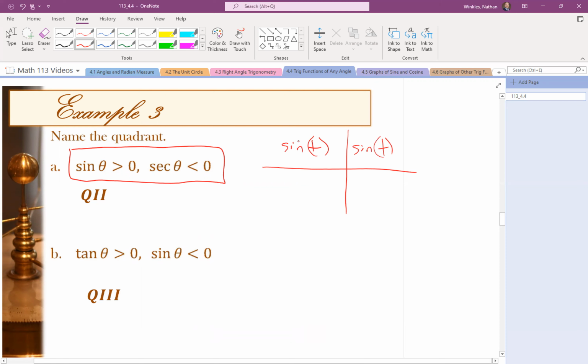Secant is really the same as 1 over cosine, and it is less than 0. So we're looking for where cosine is less than 0. So cosine's negative. We're looking to see where they overlap. They overlap in this quadrant, which is why quadrant 2 is our solution here.